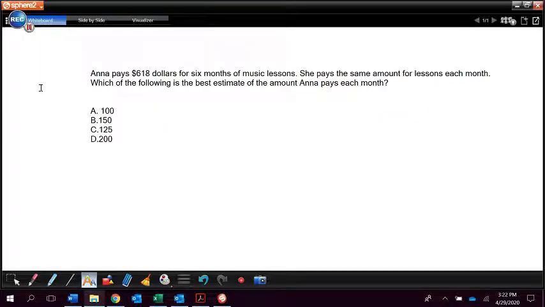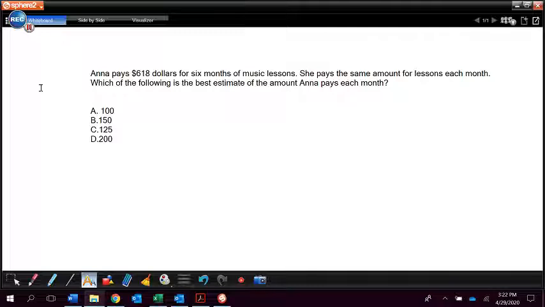Alright, so this is going to be the first problem we're going to work on. Go ahead and write it on your paper, and I am going to read it. It says, Anna pays $618 for 6 months of music lessons. She pays the same amount for lessons each month. Which of the following is the best estimate of the amount Anna pays each month?